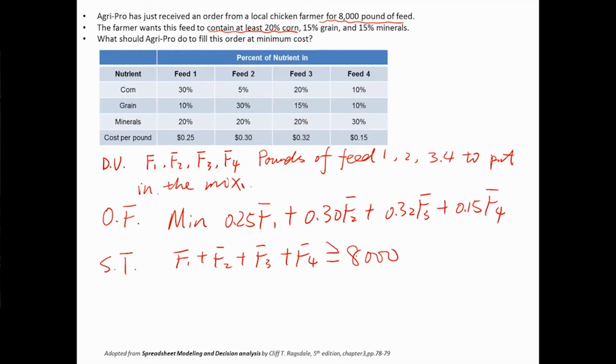One thing we mentioned last time is that we want the units on both sides of the constraint to be the same. So 30% of F1, that's the pounds of corn contained in feed 1, plus 5% of F2, plus 20% of F3, plus 10% of F4.